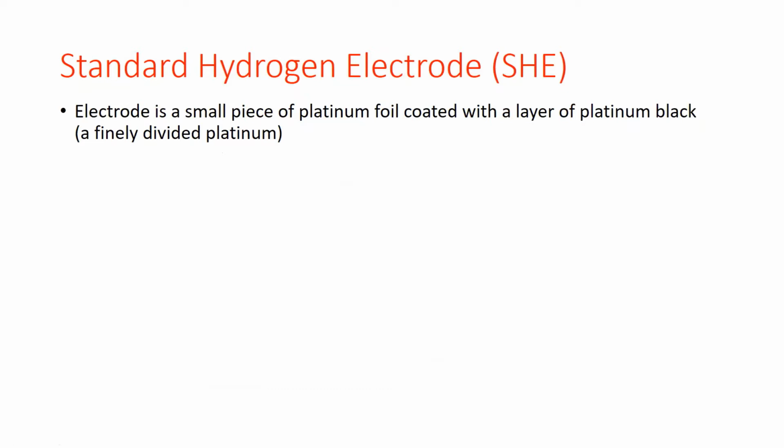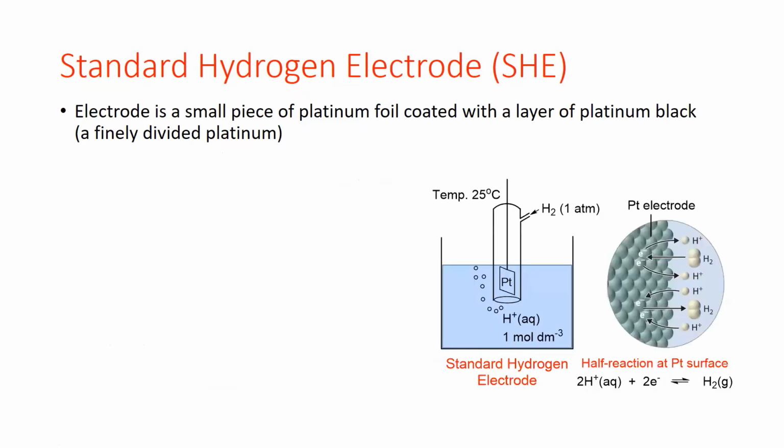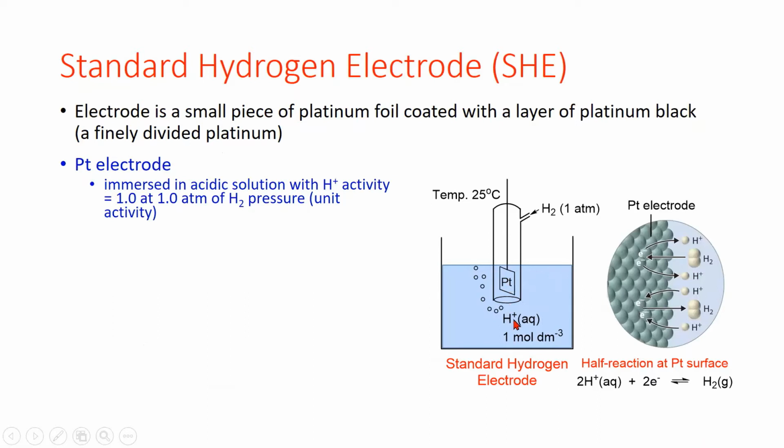The electrode is a small piece of platinum foil coated with a layer of platinum black, which is finely divided platinum. The platinum electrode is immersed in acidic solution with H+ activity equal to 1 molar, and hydrogen at 1 atmosphere pressure is constantly bubbled through the solution.